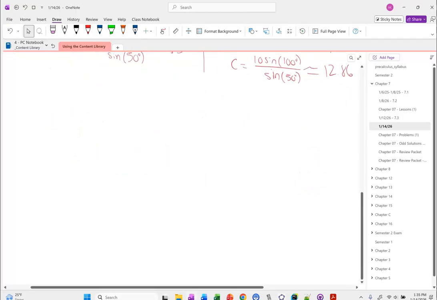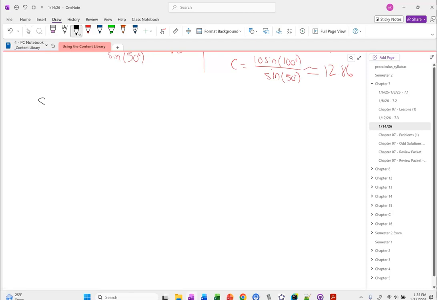Yeah. So the other two situations that we talked about yesterday were side, side, side and side, angle, side, right? To do these, you need to use the law of cosines.